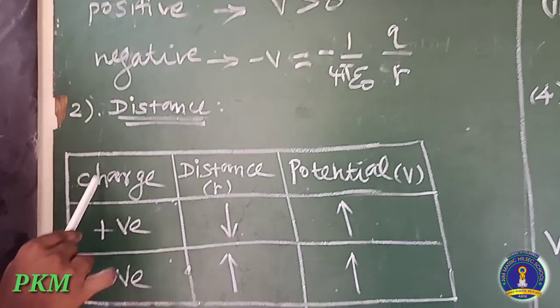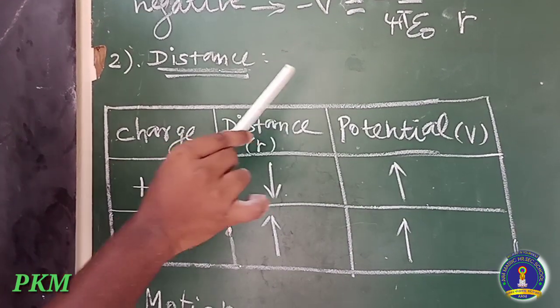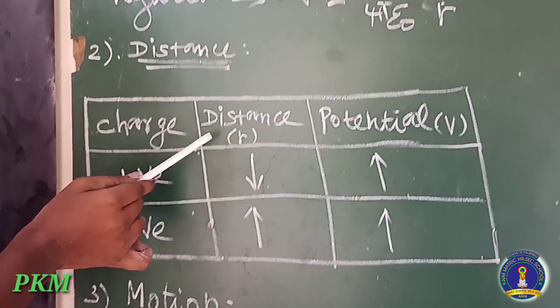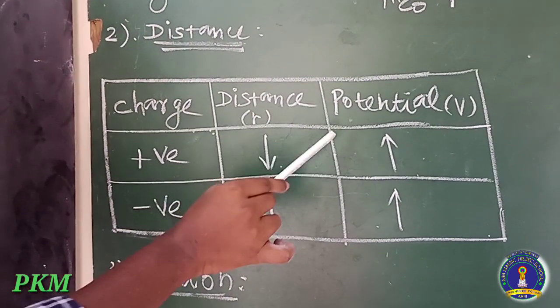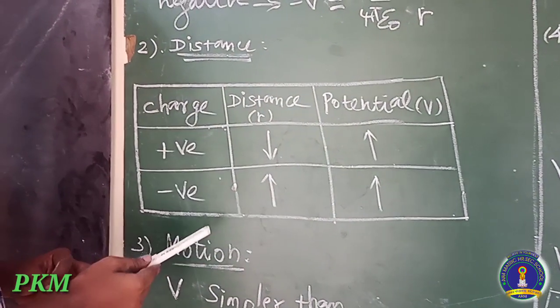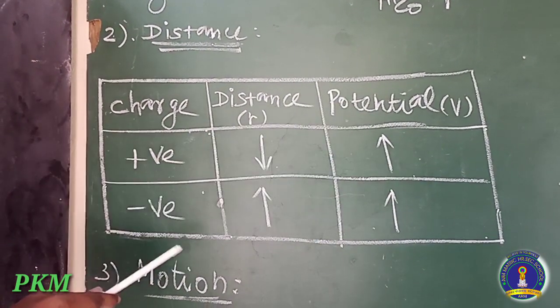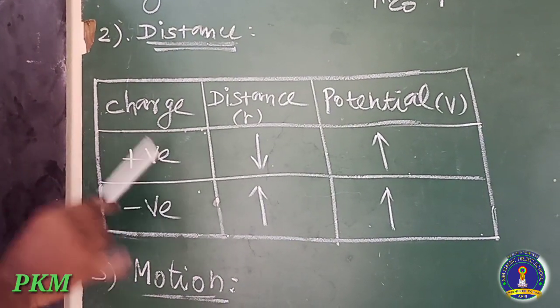Suppose the charge is positive: the potential increases as the distance decreases. Vice versa, if the distance increases, the potential decreases when the charge is positive.